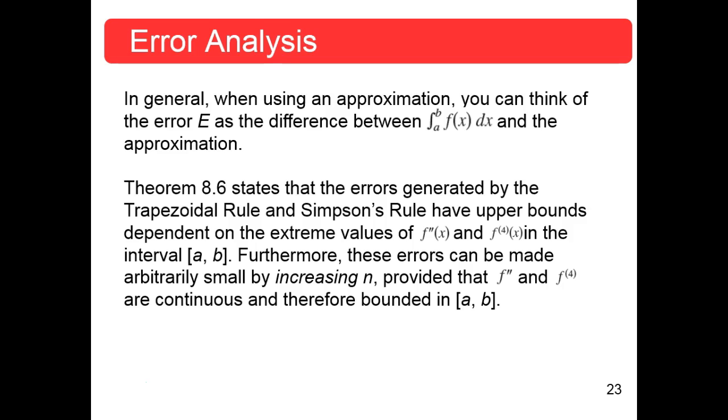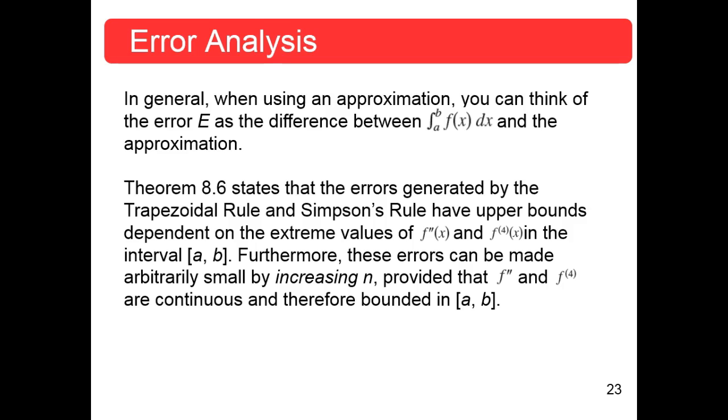You have to stay within that. Furthermore, these errors can be made arbitrarily small by increasing n, provided f double prime and f fourth prime are continuous and therefore bounded on a to b.